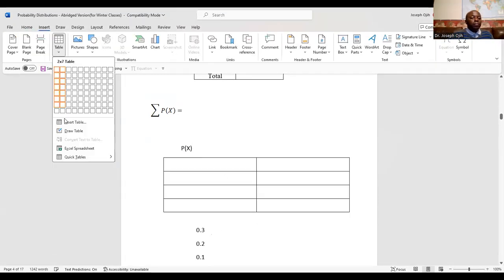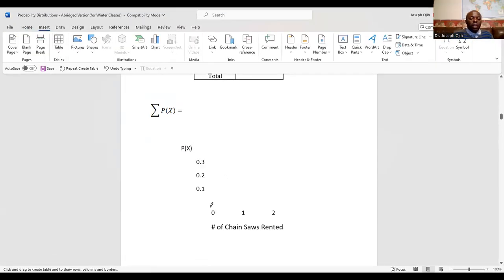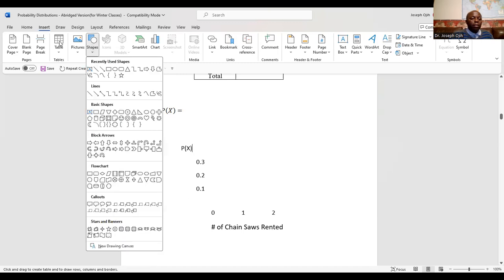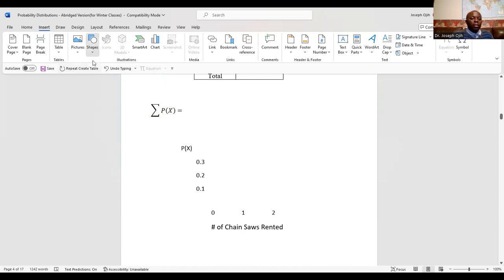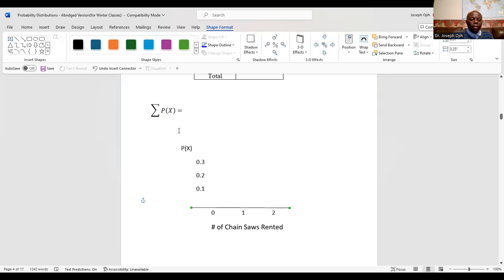I'm going to build a line here, no, not this one. I don't need this. The line I need is right here. Then this is the x-axis and this is the y-axis. I can move it a little bit to make it legible.